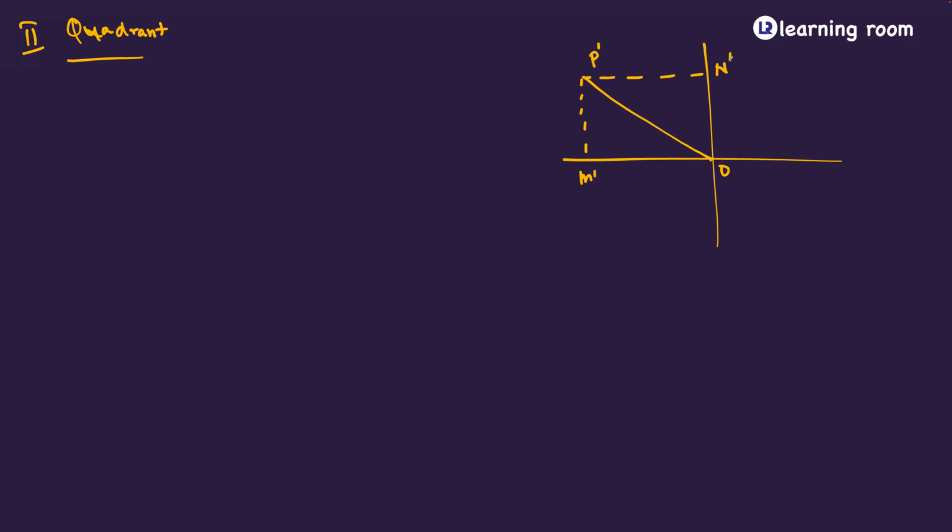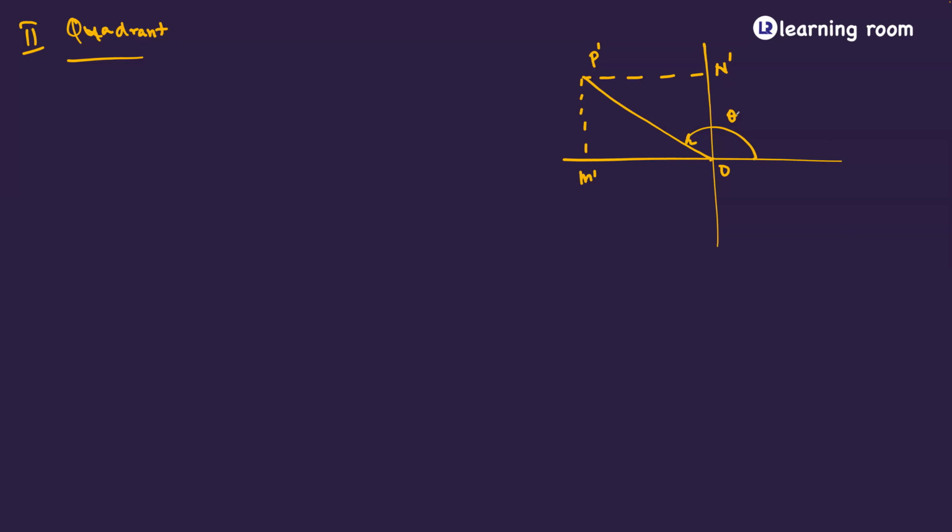Always remember, when an angle is positive, it is always measured in the anti-clockwise direction. This OP dash was initially here, then it took an anti-clockwise turn to come here, a turn of how much value? Theta.